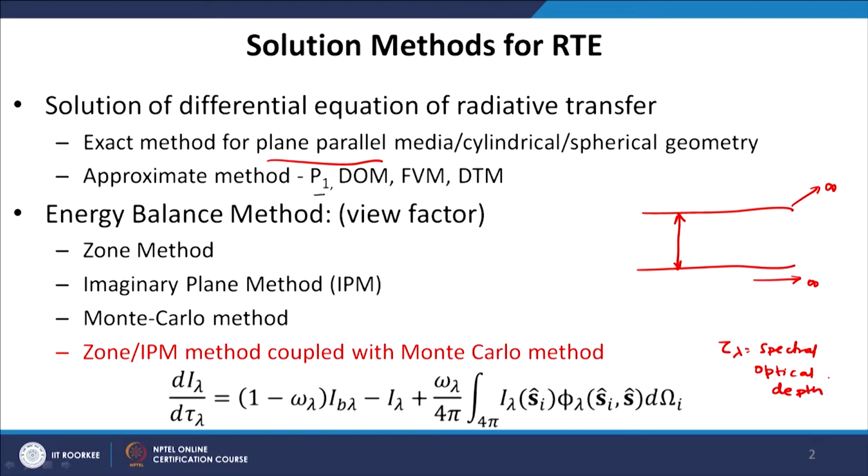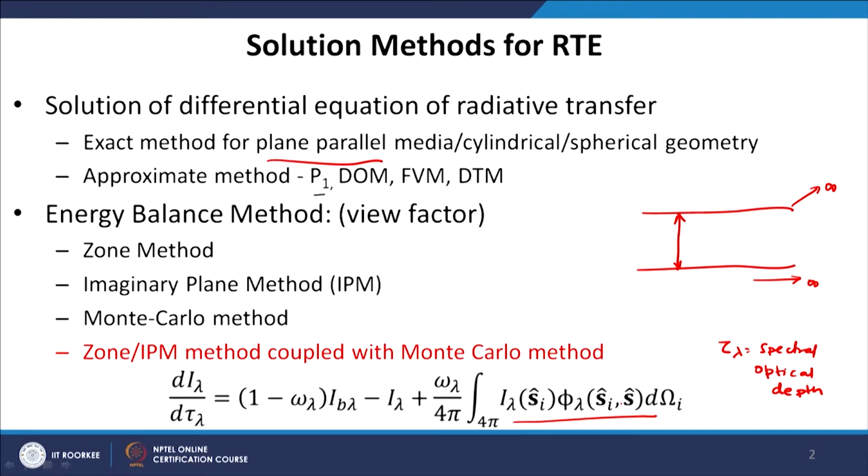So, the equation is d I lambda by d tau lambda equal to 1 minus omega lambda, where omega lambda was the single scattering albedo, times I B lambda, the spectral blackbody emissive power, minus I lambda, plus omega lambda upon 4 pi times this integration, which results from the in-scattering. Here phi lambda is the scattering phase function, and in this form the equation is basically an integral differential equation.